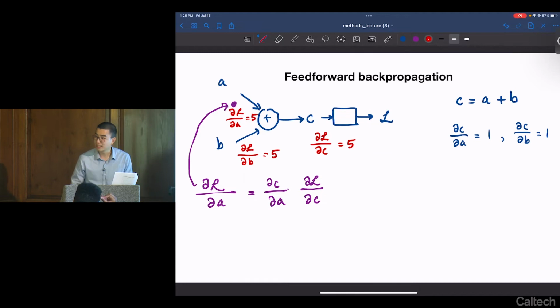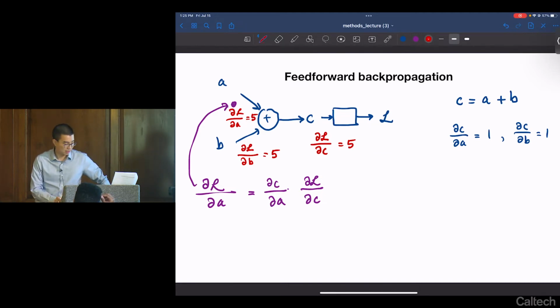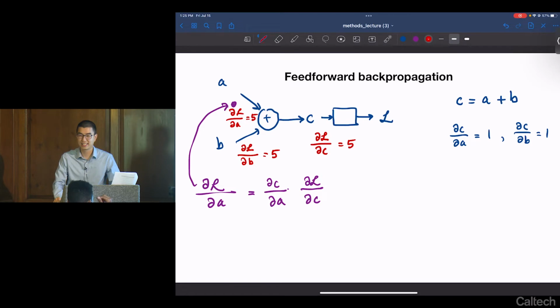Let me actually ask you a question. Someone tell me what DCDA is. Like, it's the derivative of what with respect to what? Come on.